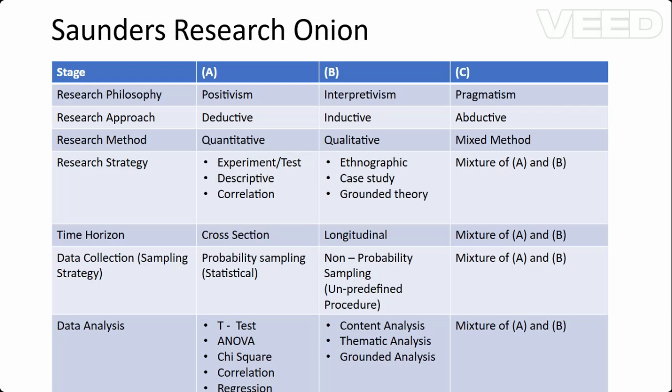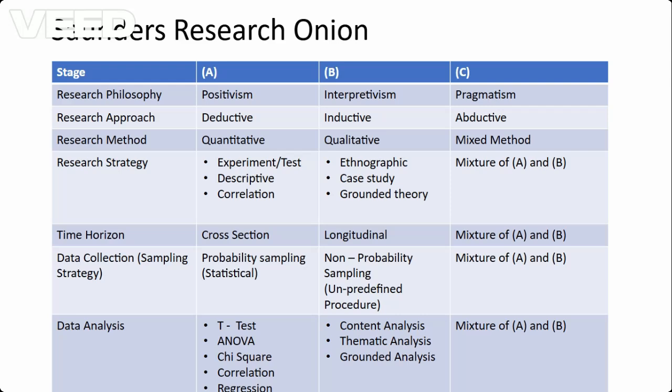Your data analysis is statistical. Of course, you are going to use statistical tests such as the t-test, ANOVA, chi-square, and so on. These have been discussed in other videos in detail. Of course, they have to be aligned with your approach, which is your research method, which is quantitative.